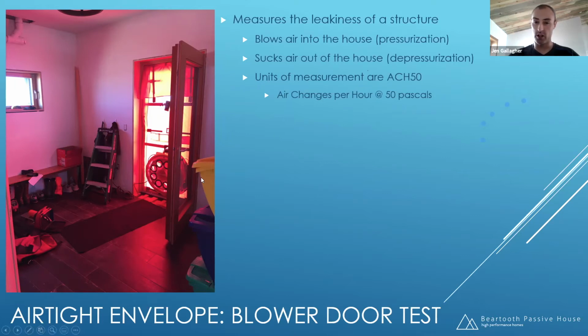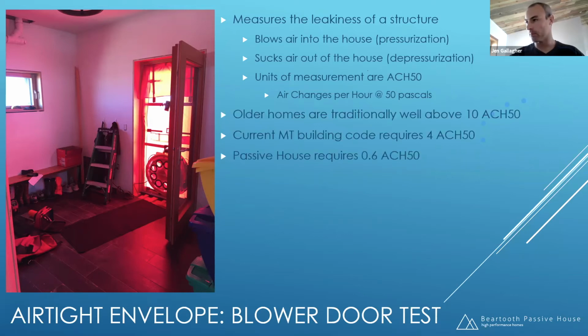Then it turns around and it tries to suck as much air out of the house as it possibly can. And when it does those two things, you give it the volume of your house, and it can measure the air leakage in a unit called ACH 50, which is just air changes per hour at 50 pascals. It can tell you how leaky it is at a certain pressurization or depressurization value.